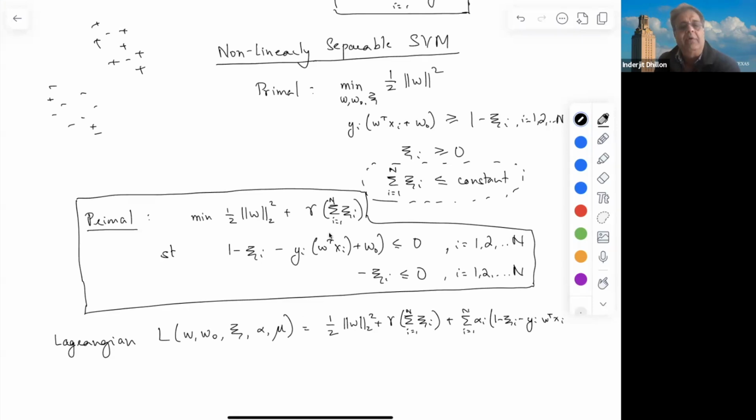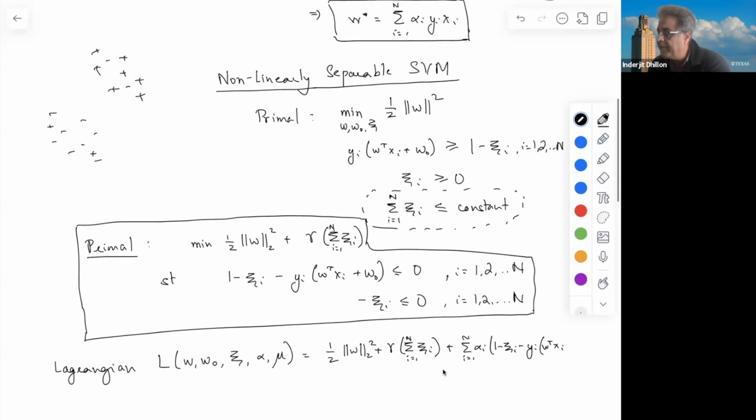Oh, I made a typo here. This should not be there. Luckily, I have an eraser. Let's see if I can selectively erase this. Perfect. Okay, y i w transpose x i plus w naught. And then my final term over here is mu i times minus psi i. Let me just take the minus sign outside.